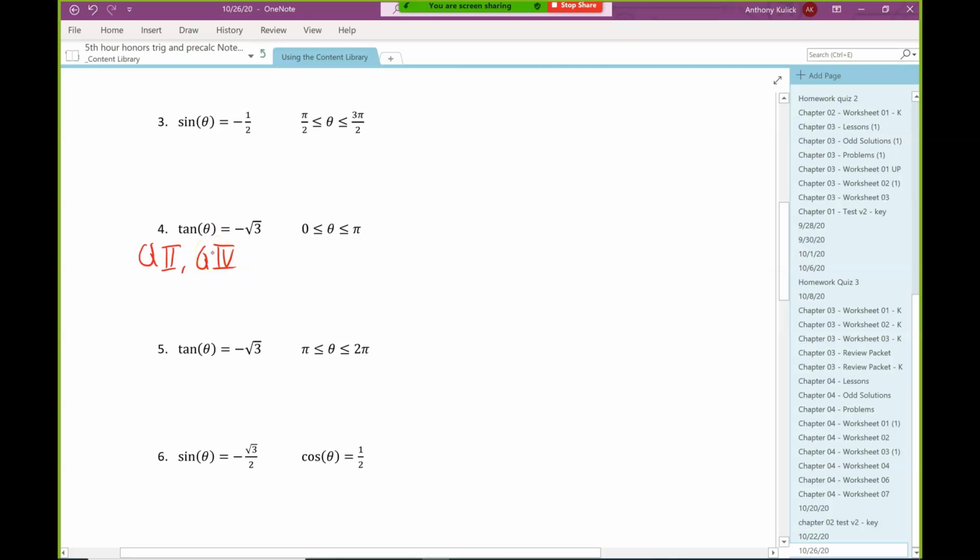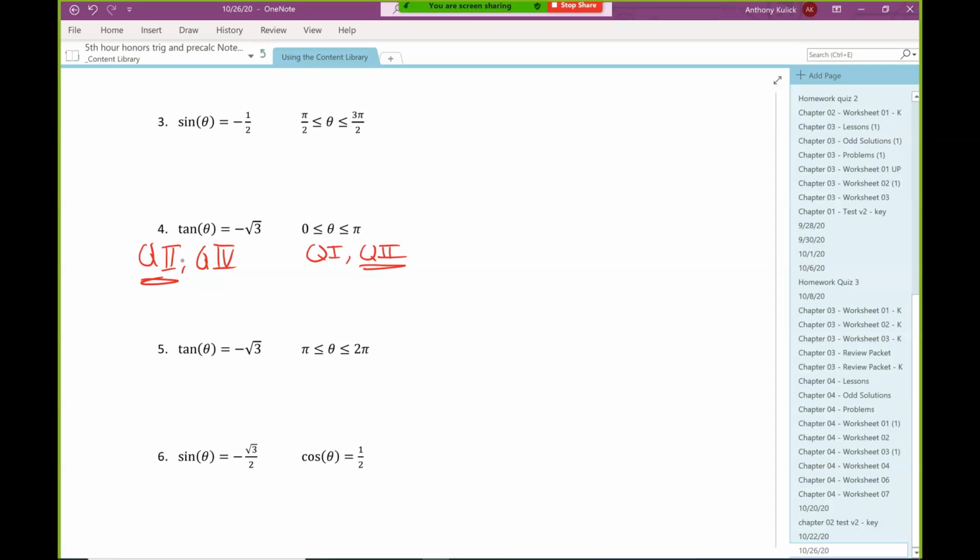I need a place where either the x is negative but not the y, or where the y is negative but not the x. And 0 to pi is quadrants 1 and 2. So the place that I'm looking for is quadrant 2. That's the location that I need.